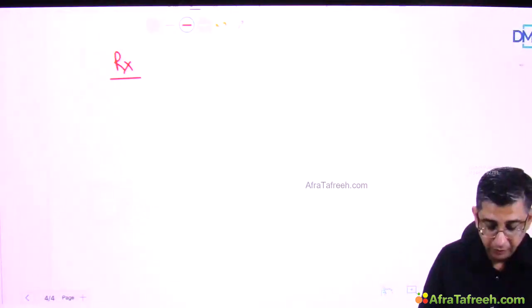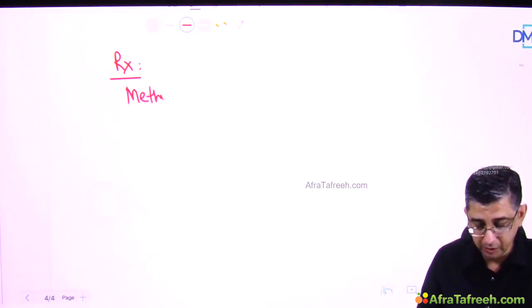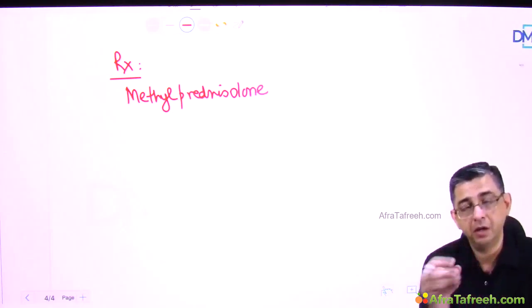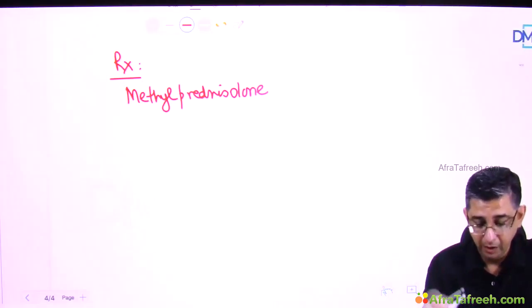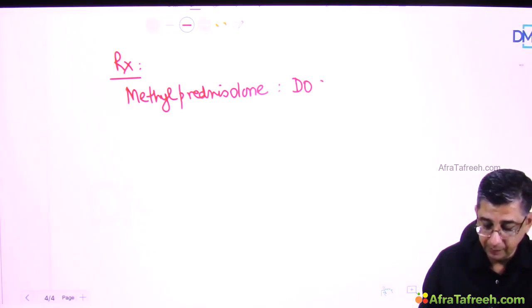Coming to the treatment of neuromyelitis optica, the mainstay of therapy would be steroids only, that is methylprednisolone. Do not answer beta interferon or glatiramer for this patient, because beta interferon and glatiramer are disease modifying therapy for multiple sclerosis. But here we talk about NMO, so the drug of choice for the patient is methylprednisolone.